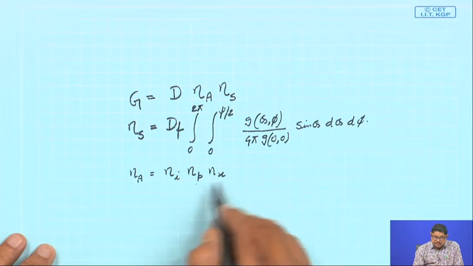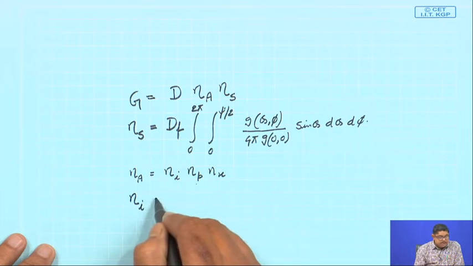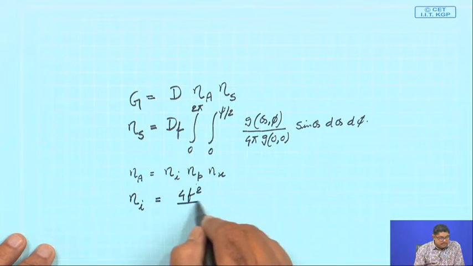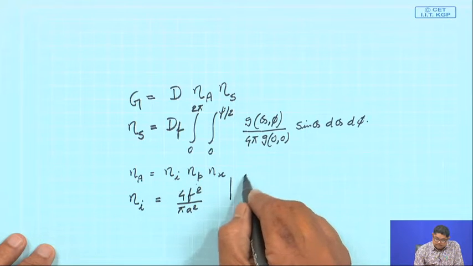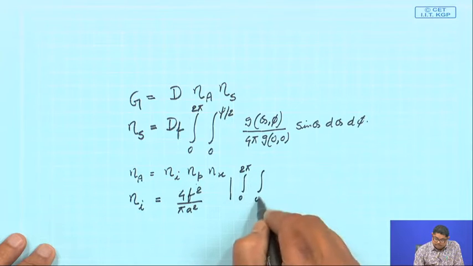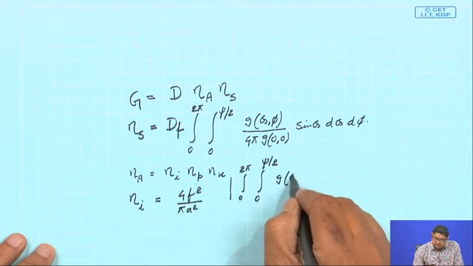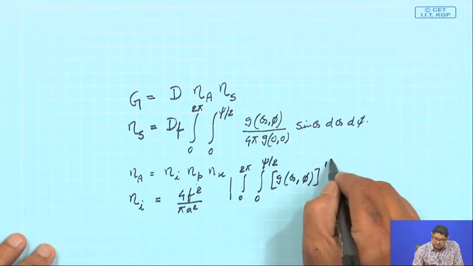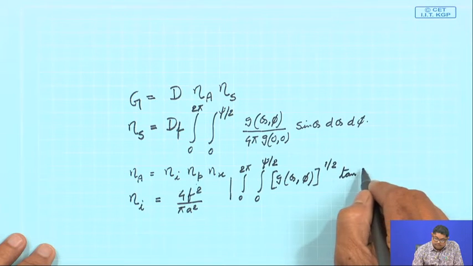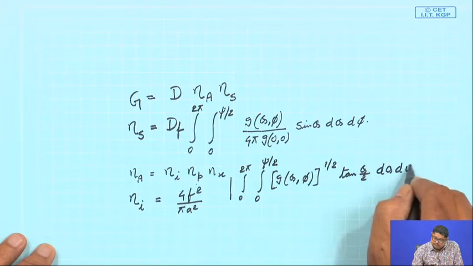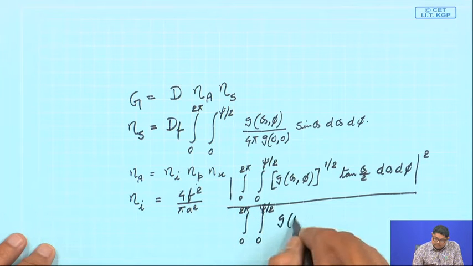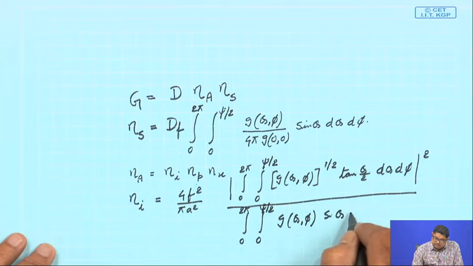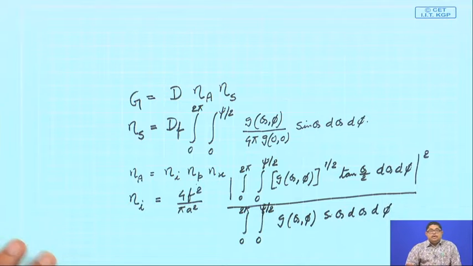So, when we have assumed these two to be the same, the illumination efficiency expression we have written as, up to this we have done.